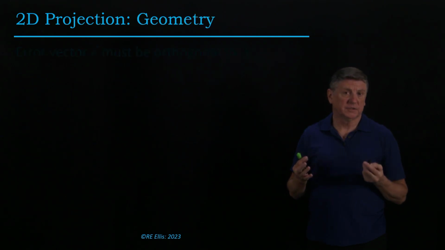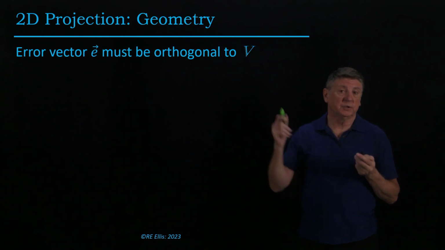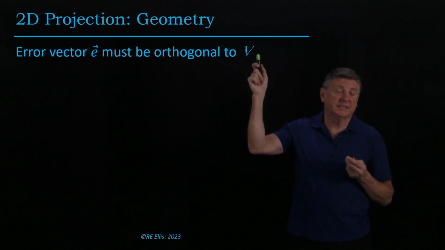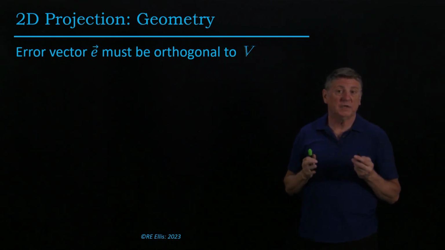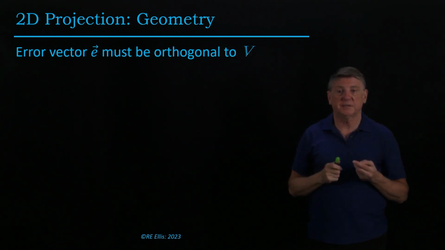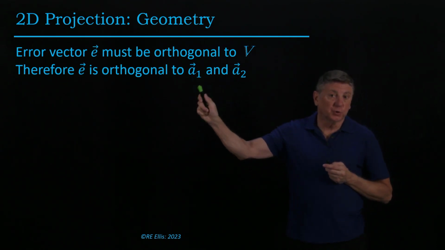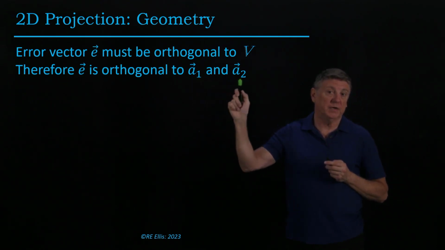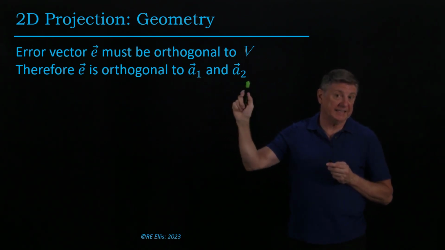Now, let's take a look at this geometrically. The error vector has to be orthogonal to every vector that's in the vector space that's spanned by A1 and A2, which are acting as basis vectors. We can say then, for sure, it has to be orthogonal to A1 and to A2. If it's orthogonal to everything, it's orthogonal to anything.